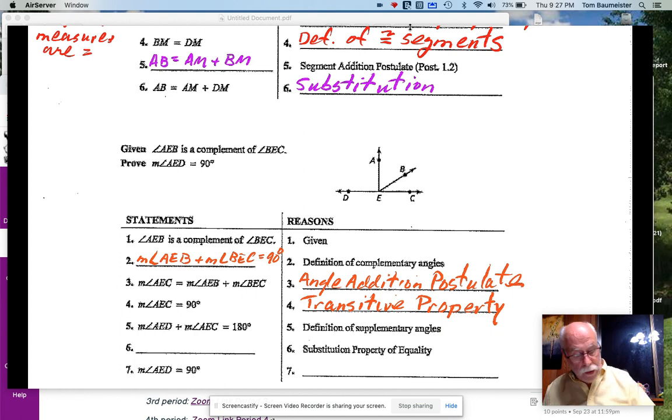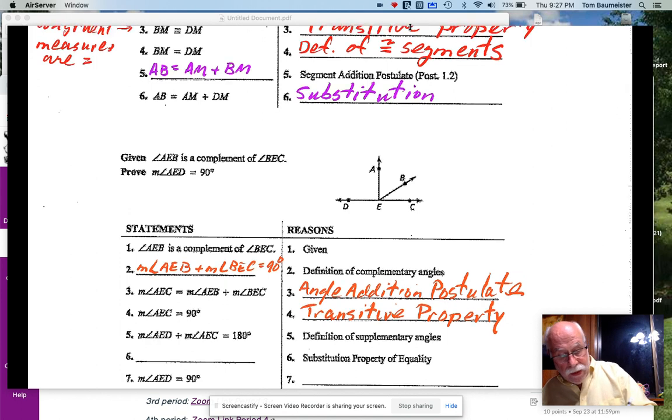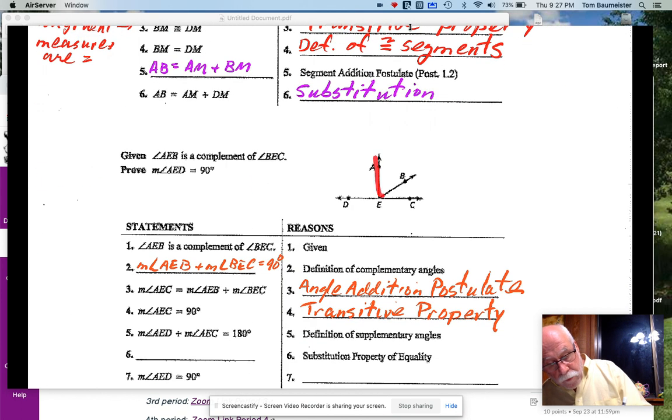What is our goal? We need to prove that the measure of angle AED is equal to 90 degrees. Well, I just told you that this one plus this one, by the angle addition postulate, is equal to 90 degrees, which is now AEC. So you know that this one here is 90 degrees. We also know that this angle and this angle are supplementary.